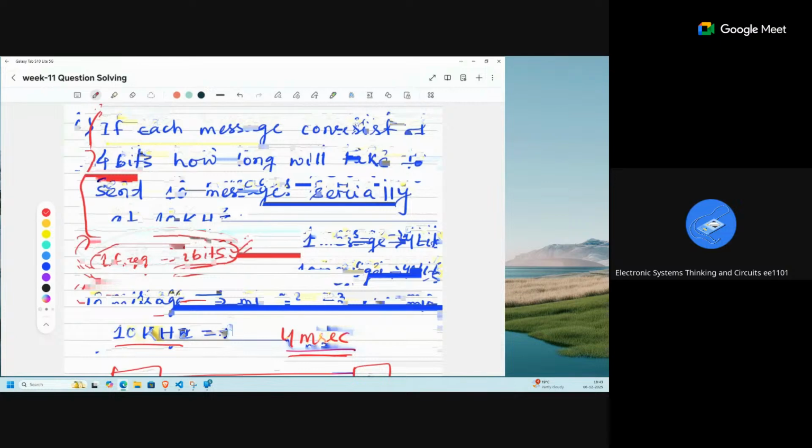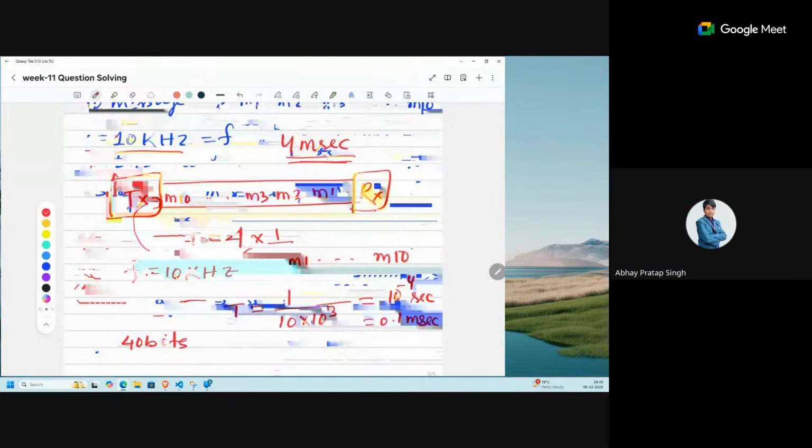Ma'am, I think your screen is lagging, it's breaking up. It's on the previous question. Yes, ma'am, just a second, it will come. My tab and system have some lag.